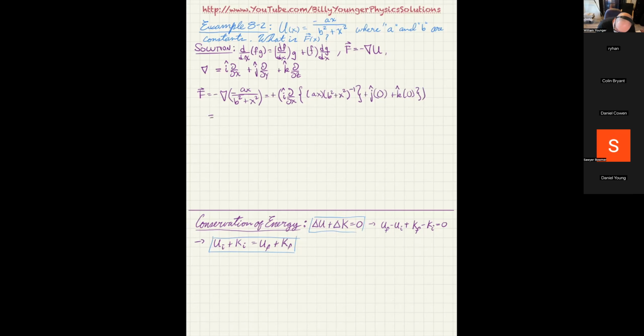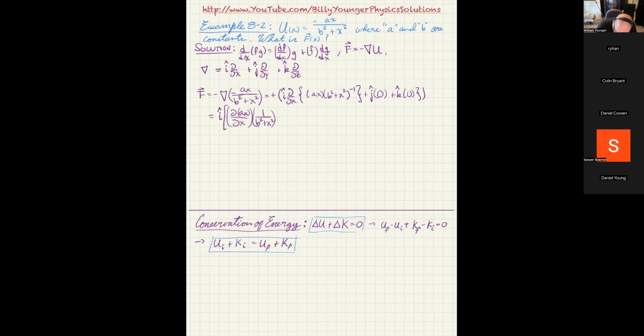Let's go ahead now and compute it. I can, in fact, pull that a out in front if I wanted to, but I'm going to choose not to do that right now. I'm just going to put the i hat out in front. And now I'm going to take the partial derivative of a times x with respect to x, and then I'm just going to multiply that by 1 over b squared plus x squared, because that is what b squared plus x squared in parentheses to the negative 1 power is.